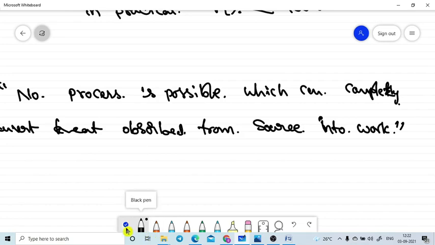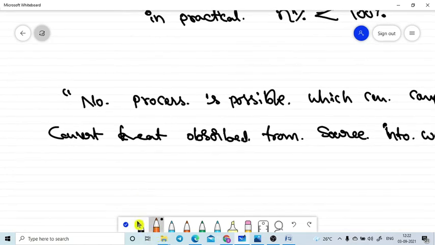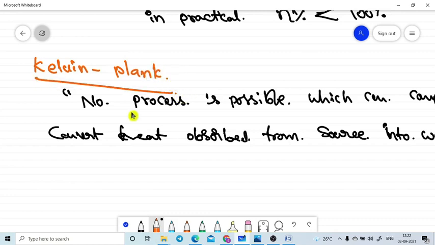This statement was given by Kelvin and Planck. That is why this definition is named the Kelvin and Planck statement about the heat engine.